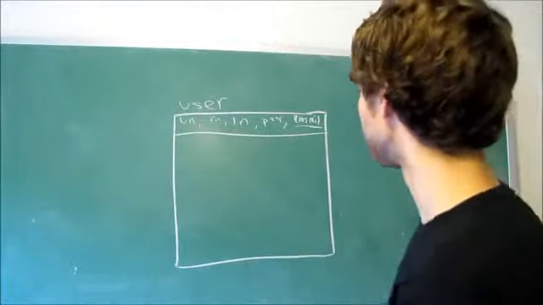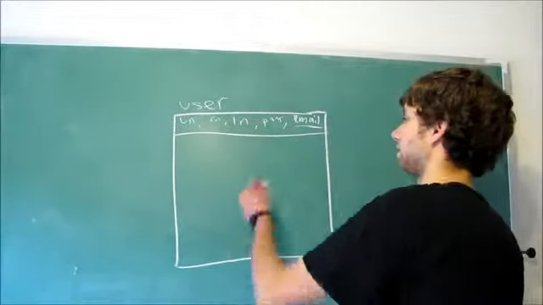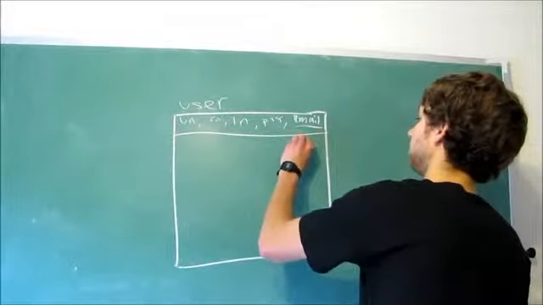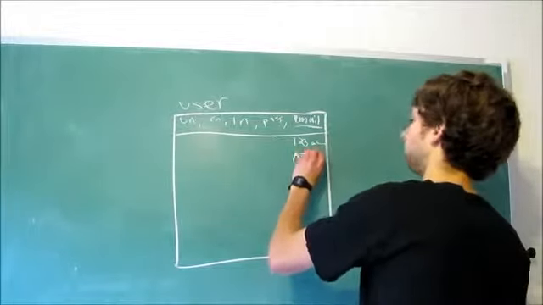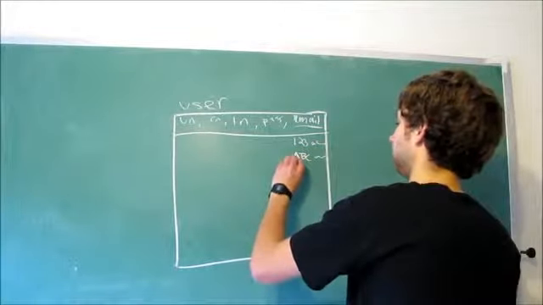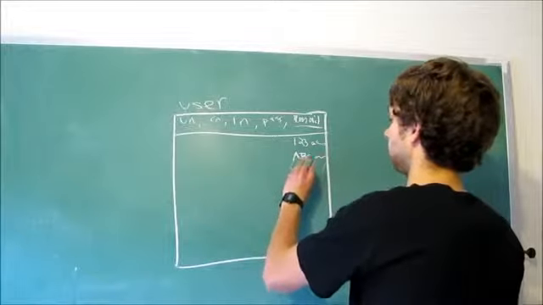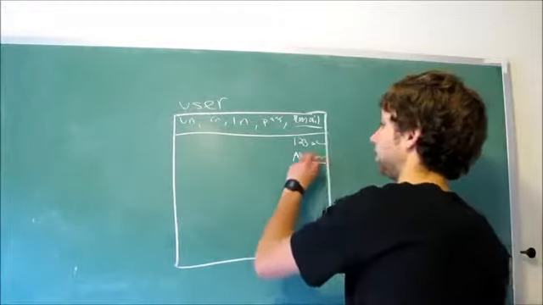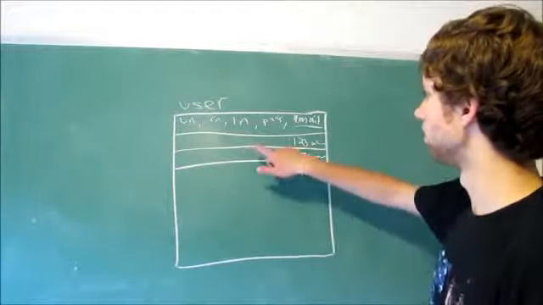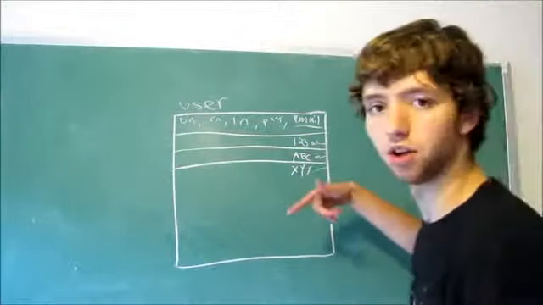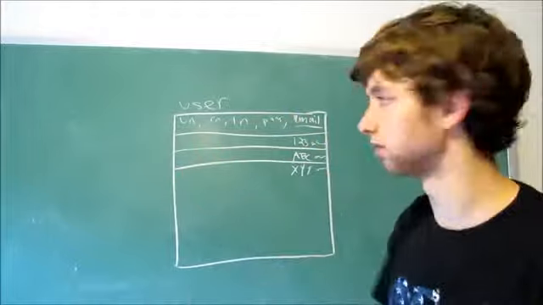The way that works is, let's say we have the emails 123 at blah blah blah, ABC blah blah blah, XYZ blah blah blah blah. And these are 3 separate rows. Well, this is going to let us know which person we're talking about.